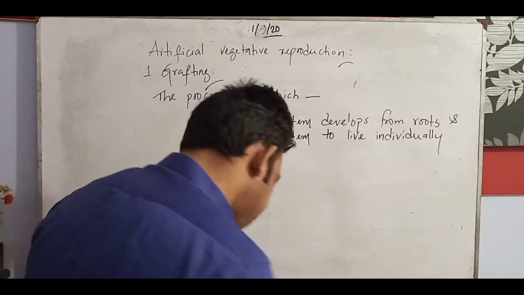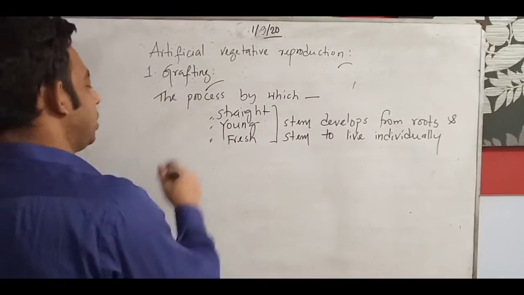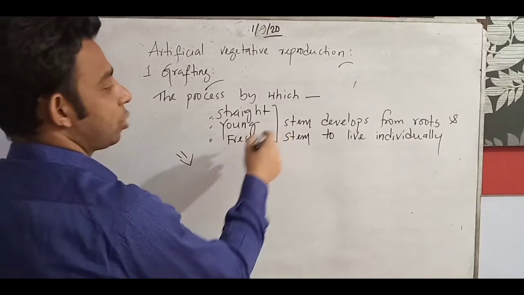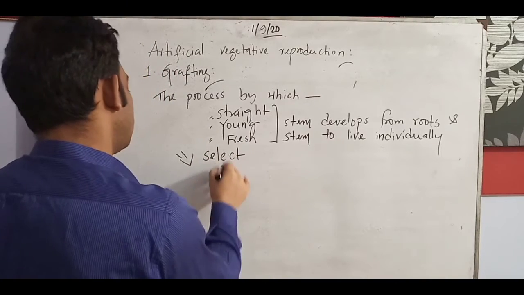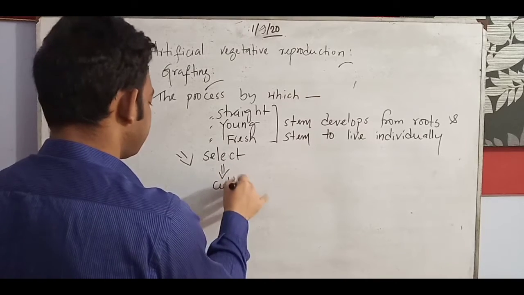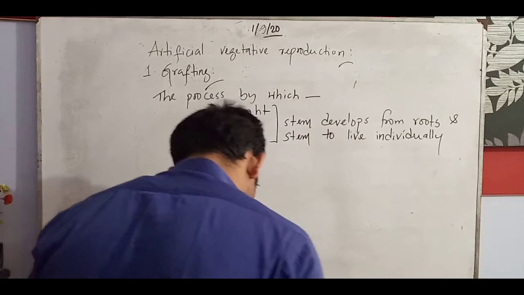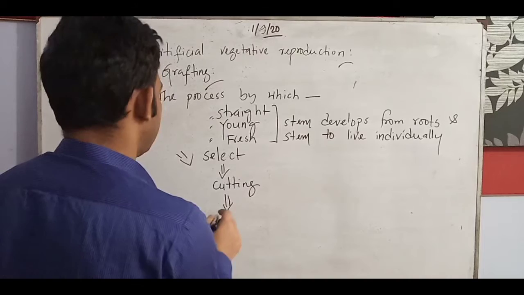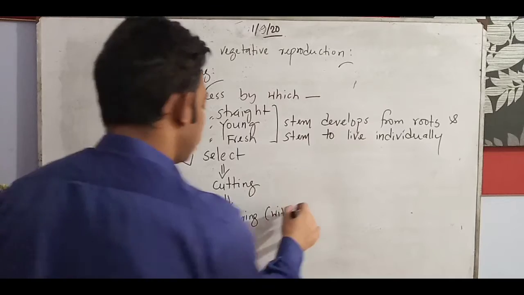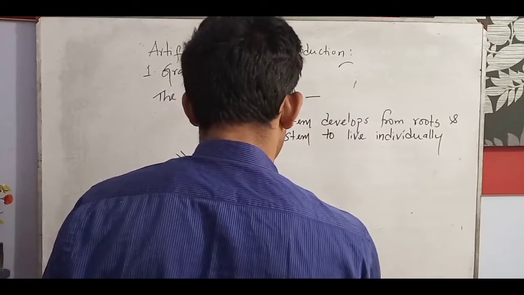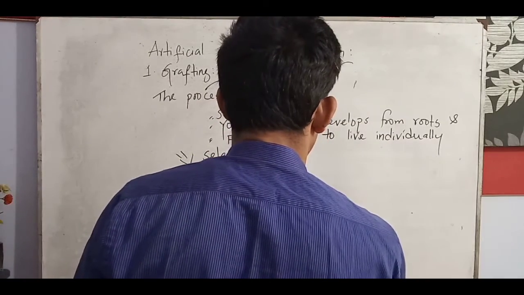So, connecting well. First we will select and then cut. After cutting, we will cover it with cow dung and soil.